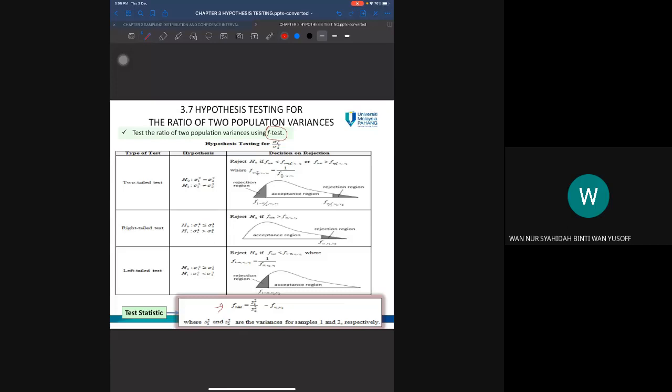For the hypothesis, other than writing it in this term, we can write in the form of a ratio. For example, first you can write in this form, or we can write in the form of ratio.